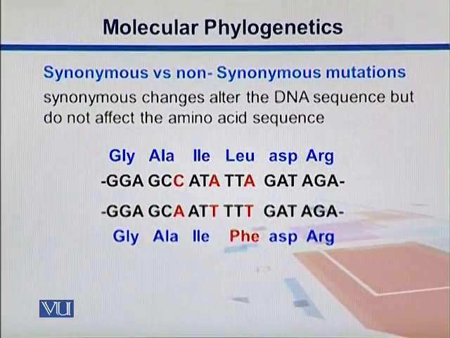Here are the synonymous changes versus non-synonymous mutations. Synonymous changes alter the DNA sequence, but they do not affect the amino acid sequences. So for example, GGA, and in the second strand you have GGA. Here we don't have any information since glycine and glycine are matching. In the second you have GGC versus GGA, but if you compare their amino acids, you would say that they are the same.